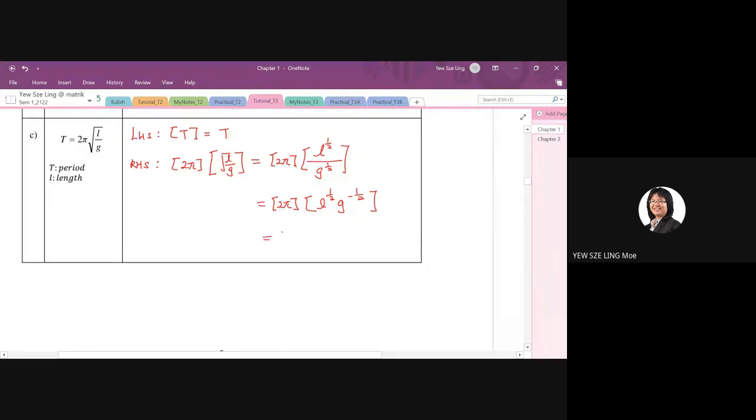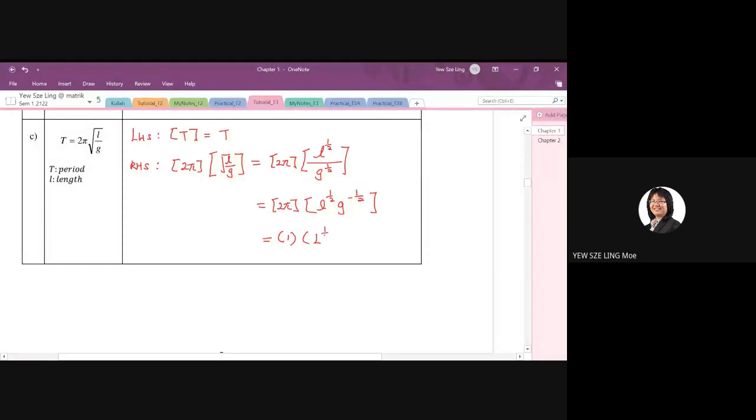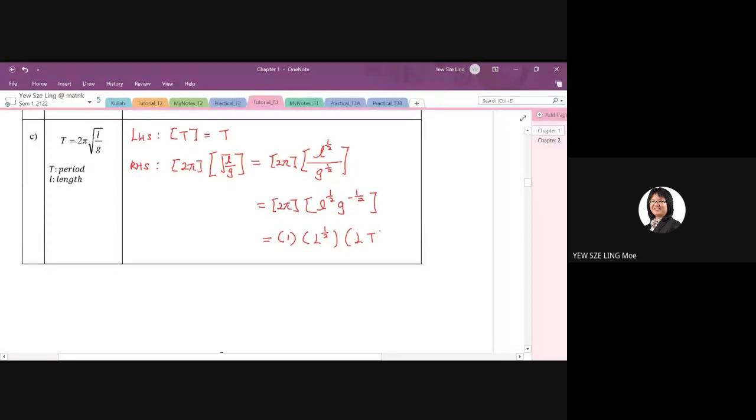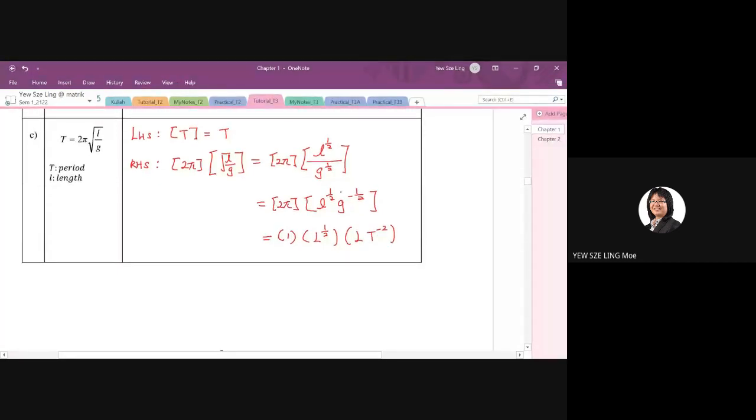So 2 pi dimension is equal to 1. Okay, so L, what happens to L? L is a length. So I have L to the 1 over 2 here. G is a gravitational acceleration, acceleration due to gravity. So we have LT negative 2, and then with a power of negative 1 over 2.